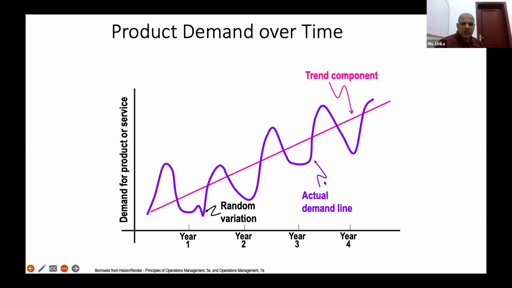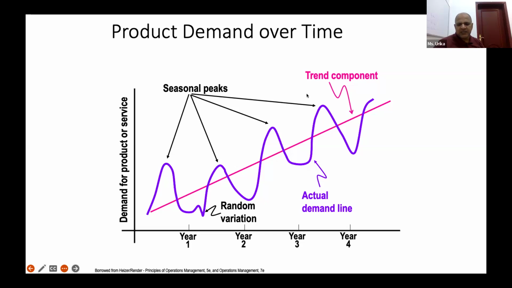This is the actual, this is the random variation, this is the trend. Seasonal peaks are here. Can you see that? So when is the peak? You take some decision. There are certain months, certain years, where you had certain peaks. You have to calculate.